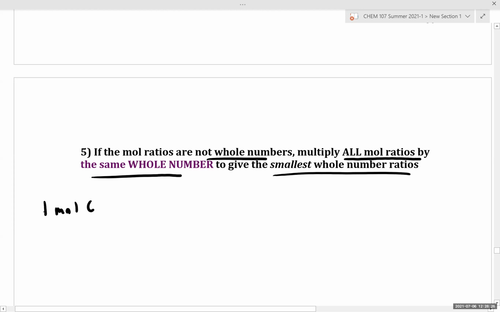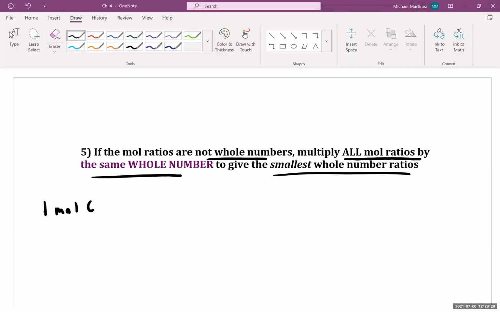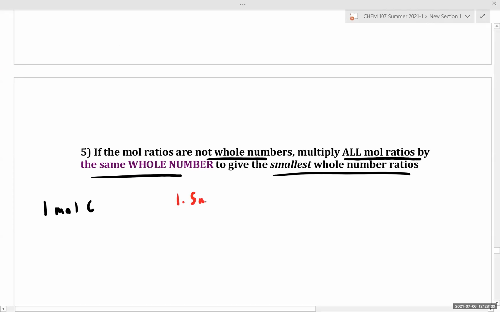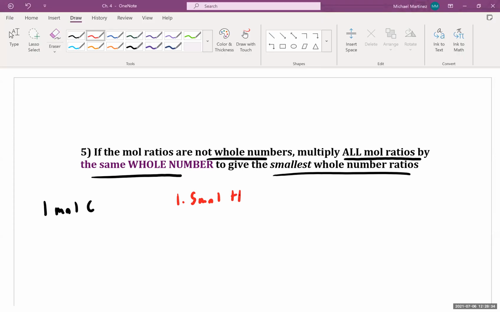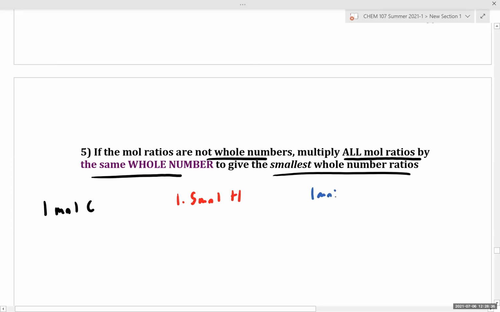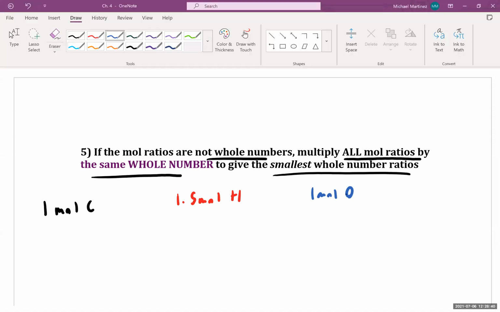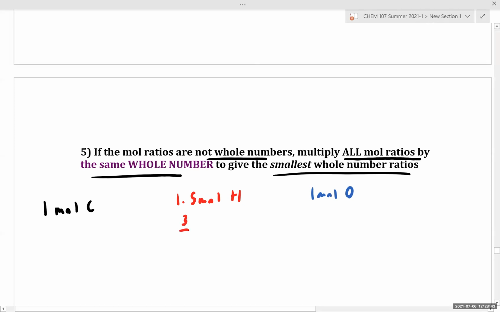So if we have 1 mole of carbon, we have 1.5 moles of hydrogen, and we have 1 mole of oxygen. To make this a little easier to see, you can also think of this moles of hydrogen as 3/2 moles of hydrogen.